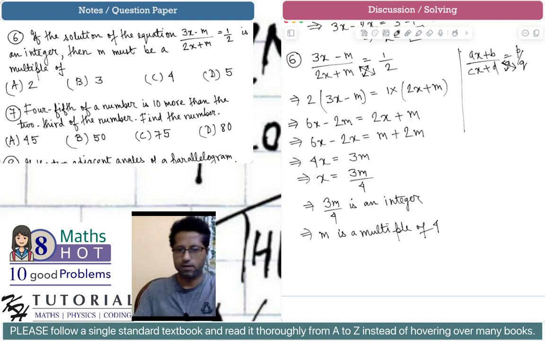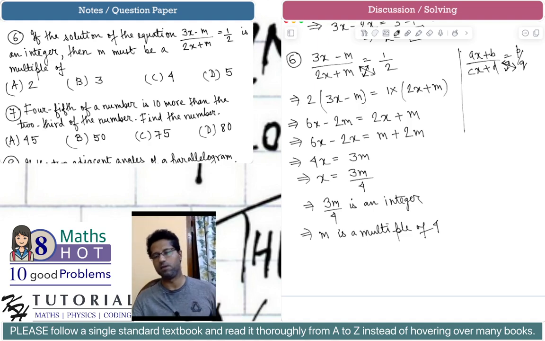Whatever the value of m is, which will be a multiple of 4, it will get cancelled out by 4, and we will have the entire expression, that is 3m by 4, an integer. So hence m must be a multiple of 4. So the correct choice is C. Correct choice is C.